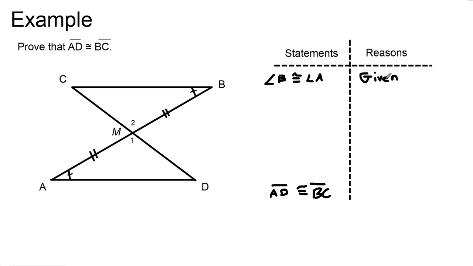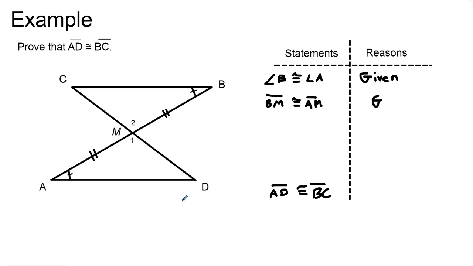Okay, so from now on for given, I'm just going to draw a G. So I can then also say that side BM and side AM are also congruent. So side BM is congruent to side AM, and that is also given.